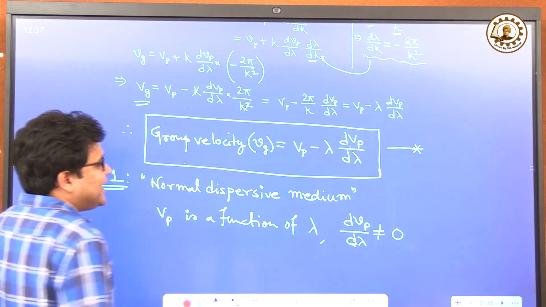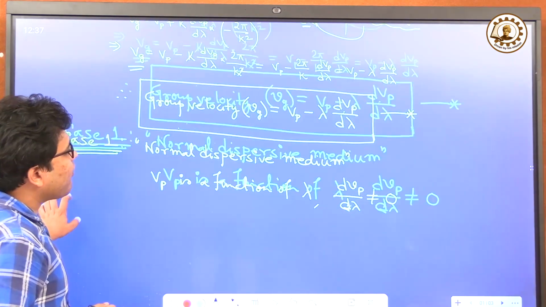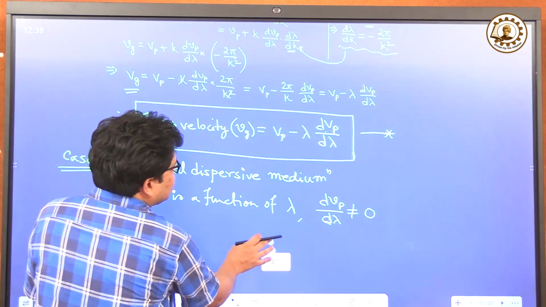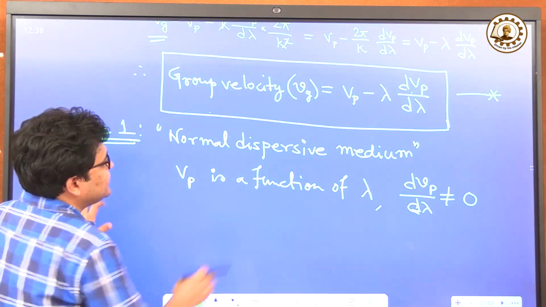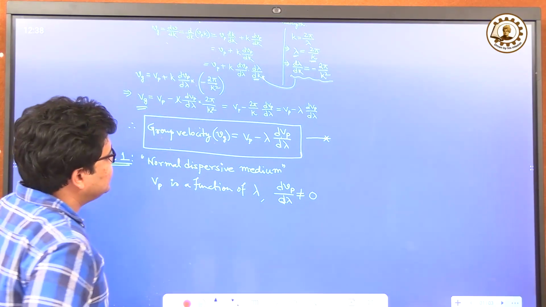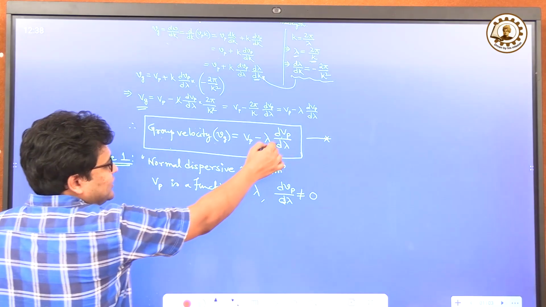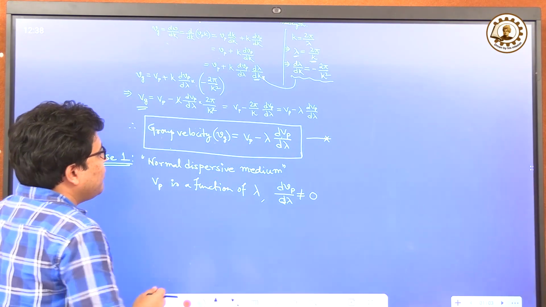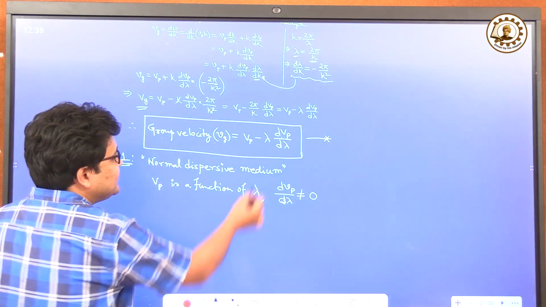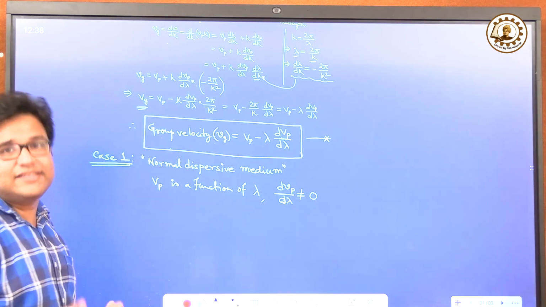So what we can say, if this term is non-zero, from the above relation between Vg and Vp we can conclude that there is a quantity which is subtracted from Vp. The right hand side represents the group velocity, and since this quantity is subtracted from Vp, the overall result becomes less than Vp.